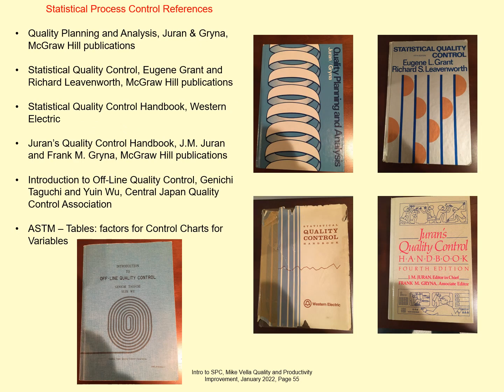Well, you can learn about statistical process control in a lot of different ways. The references that I have pictured here are the ones that I learned from most. That is Juran and Gryna's Quality Planning and Analysis, the book here with the blue cover. Statistical Quality Control by Eugene Grant and Richard Leavenworth.